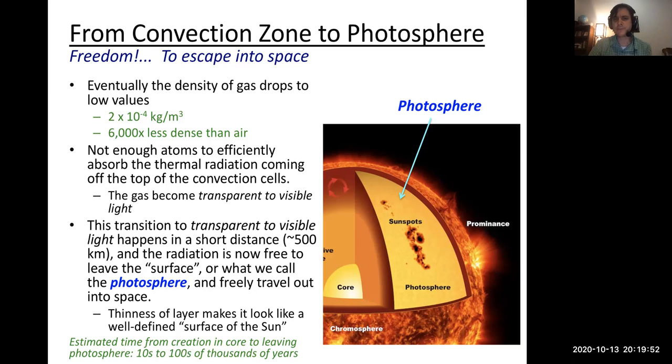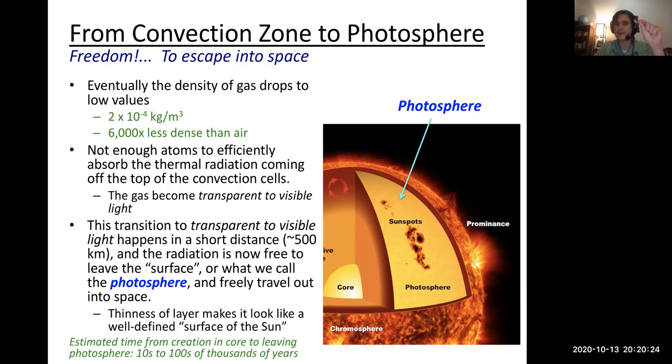This transition from an opaque to a transparent region where the light can freely escape happens in a very, very short distance in the sun. So you reach the top of the convective zone, and then within 500 kilometers, remember that the sun is about 700,000 kilometers in diameter, but within 500 kilometers, a very thin layer compared to how big the sun is, the densities drop so rapidly that light can freely escape from this region of the sun.